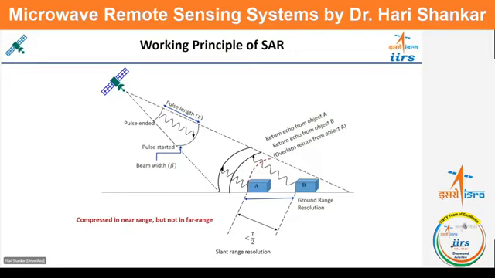The same type of situation is happening here. The echo of the microwave signal from different targets reaches the sensor, and the sensor is now capable of differentiating all these targets according to distance. So it can tell that this target is at this much distance, and this target is at this much distance.